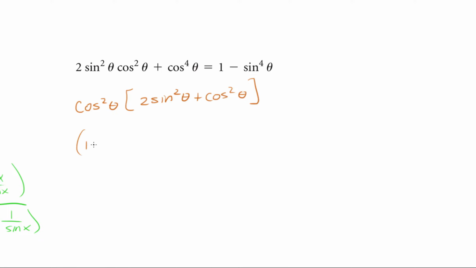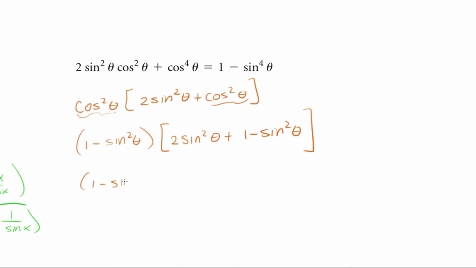So on the left side, we have 1 minus sine squared of theta, okay? And inside the brackets, you have 2 sine squared of theta plus 1 minus sine squared of theta. Okay, so I changed this term and this term.